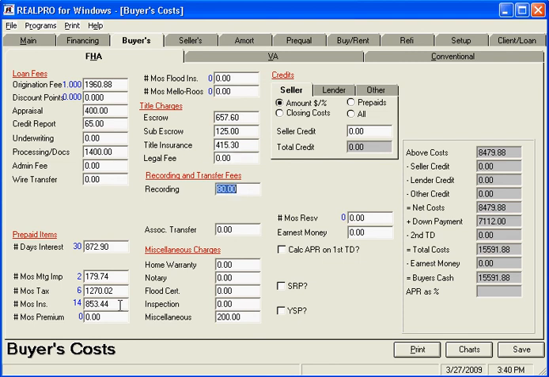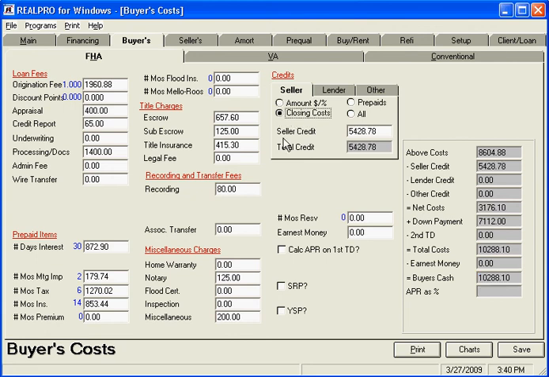There's your title insurance, recording, and I'm going to put $125 for notary. No inspection, miscellaneous $200. So now we see that the above costs are $86.04 plus the down payment of $71.12 means that their cash to close is $15,716.